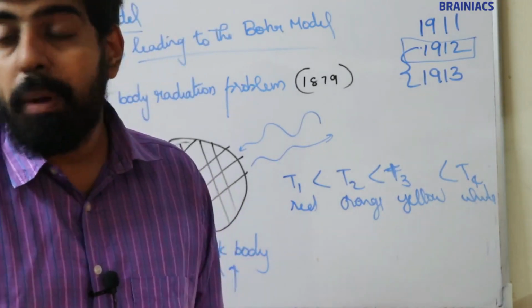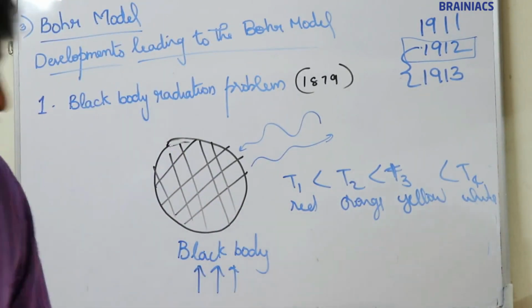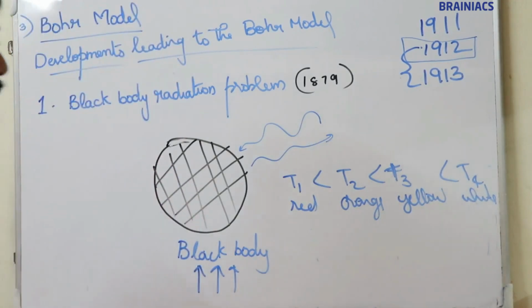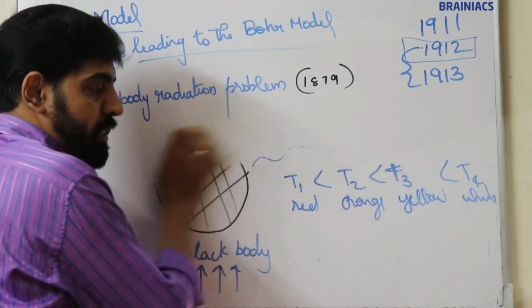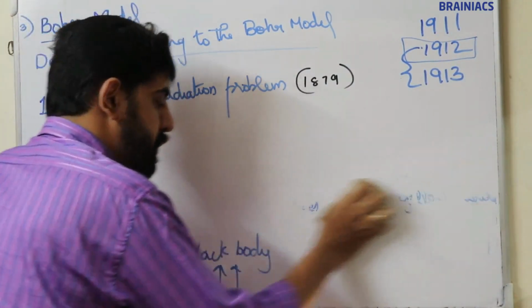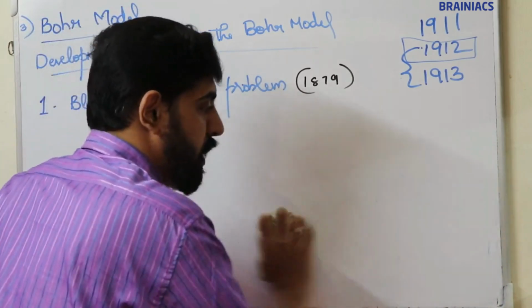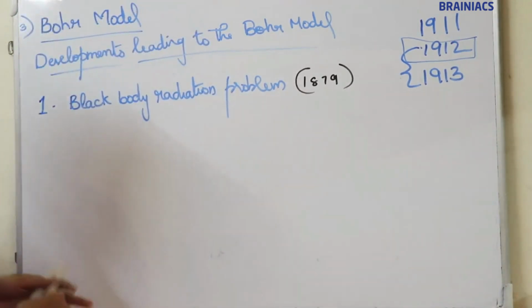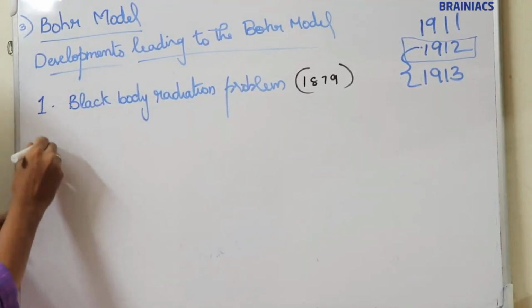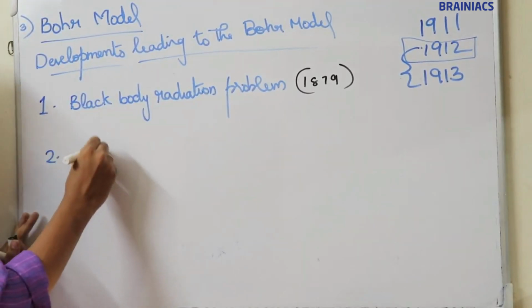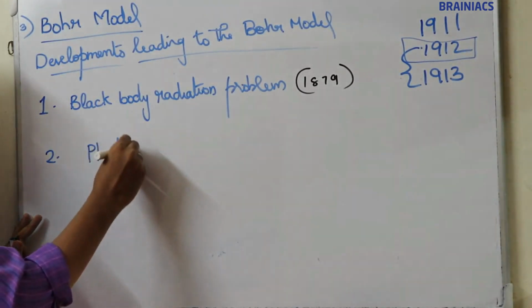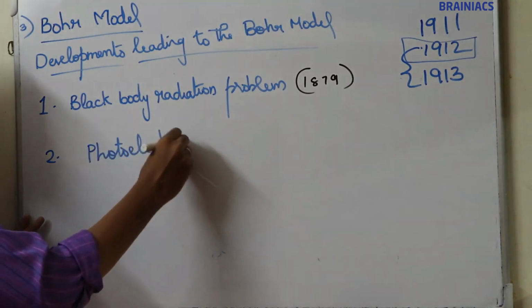Now the second problem was the photoelectric effect. The next problem faced by the scientists was the photoelectric effect. Now what is the photoelectric effect?